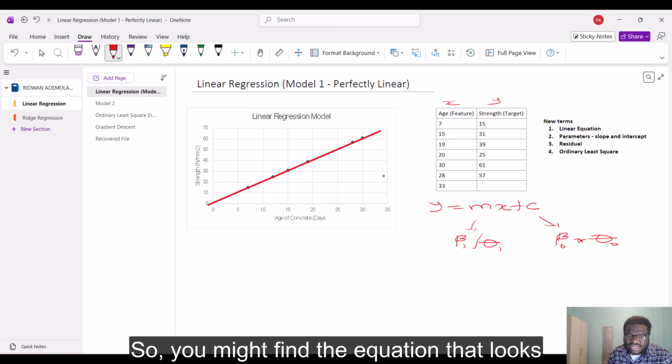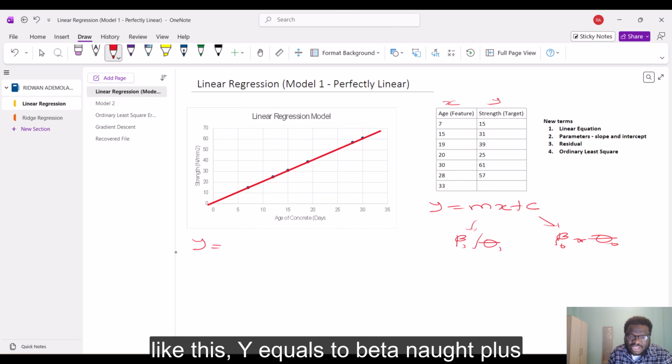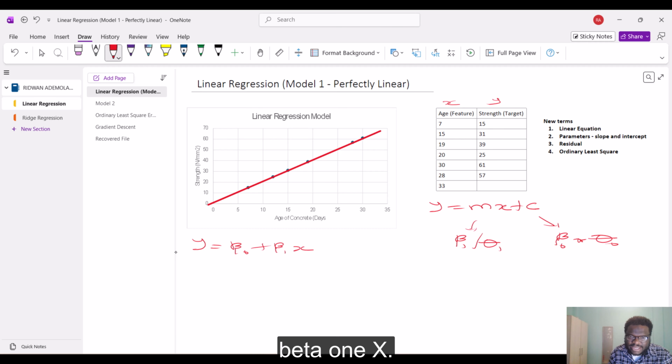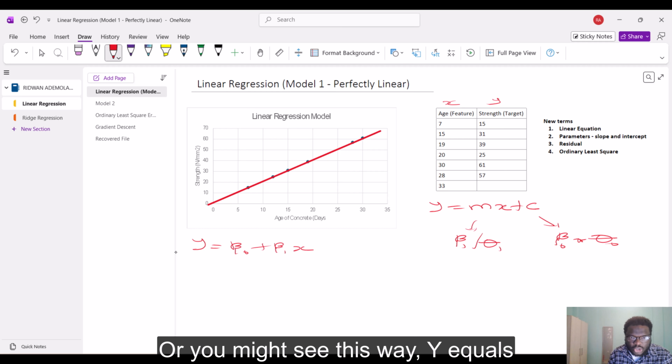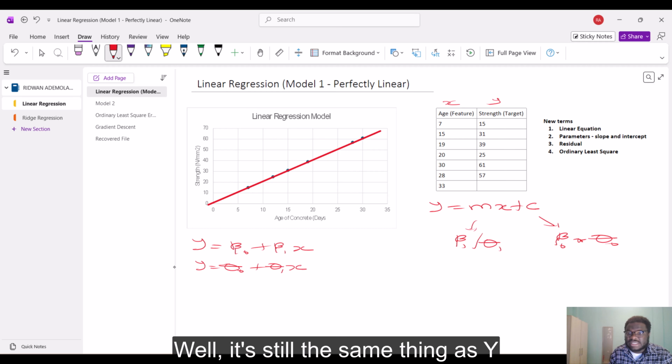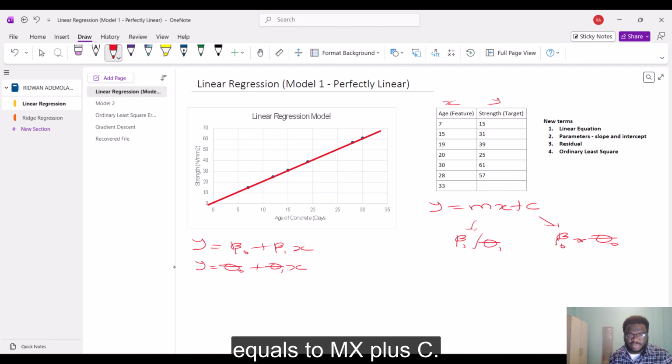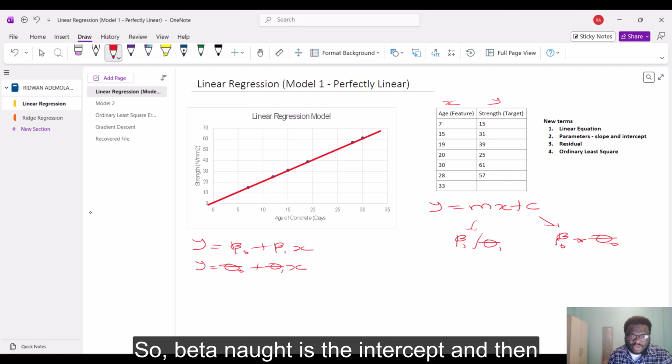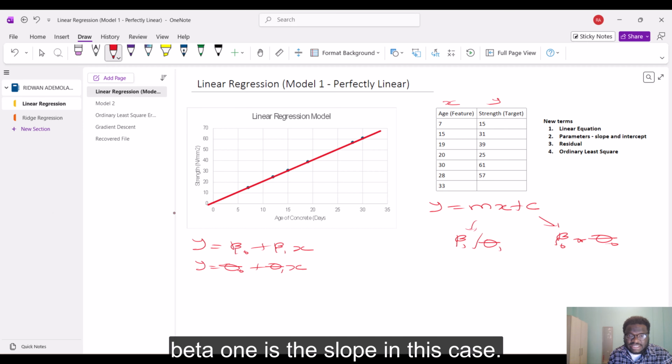So you might find the equation that looks like this: y equals beta naught plus beta 1x. Or you might see it this way: y equals theta naught plus theta 1x. Well, it's still the same thing as y equals mx plus c. So beta naught is the intercept, and beta 1 is the slope in this case.